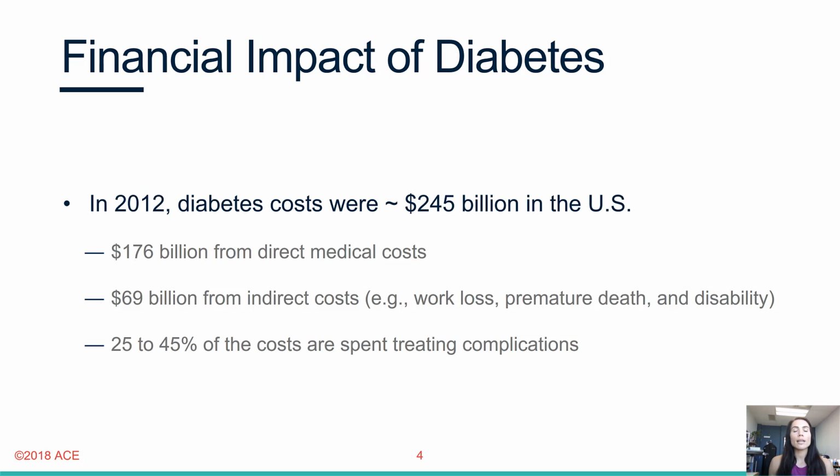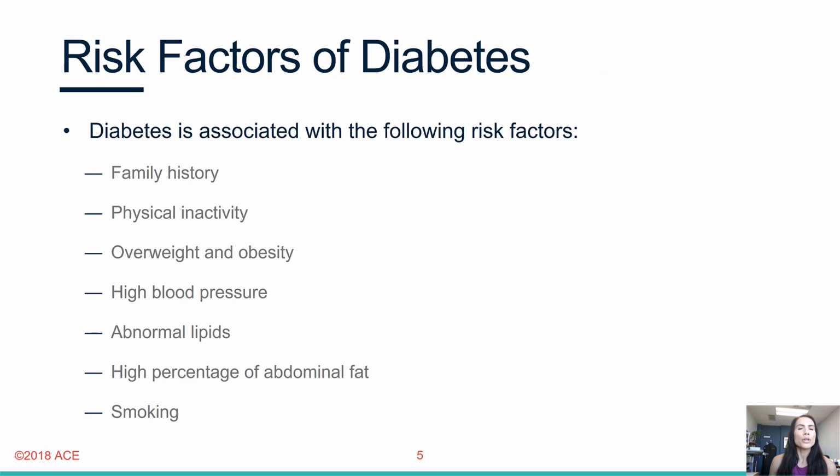And so one of the things that we need to think through as health coaches is that it's not just the prevention of diabetes, because yes, that's important, but once someone does have diabetes, how can we help limit their chances of having these complications? So what are some risk factors for developing diabetes? The first is family history, physical inactivity, overweight and obesity, high blood pressure, abnormal blood lipids, high percentage of abdominal fat, that's really important, and smoking.